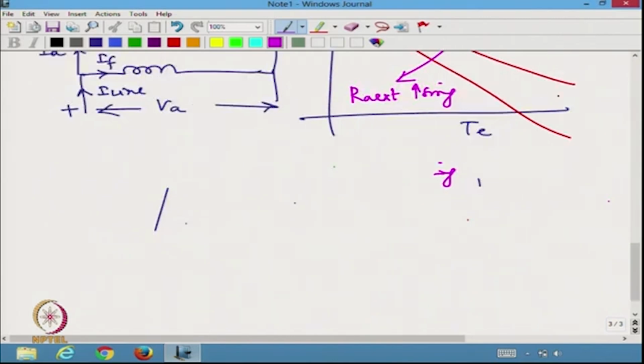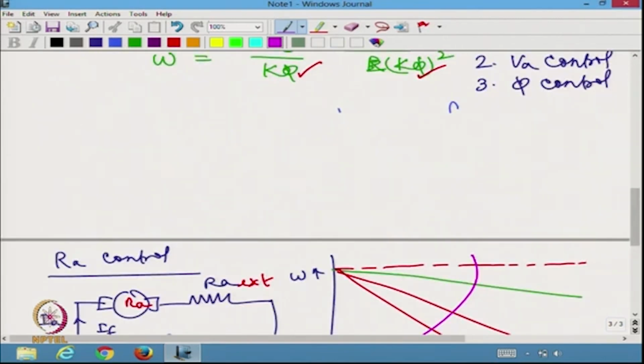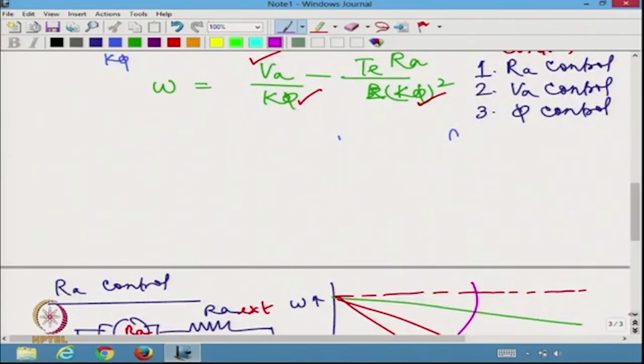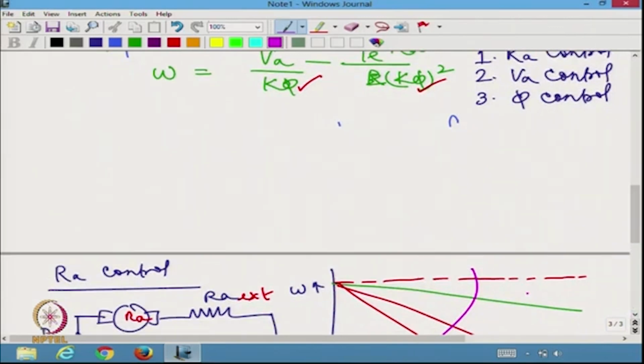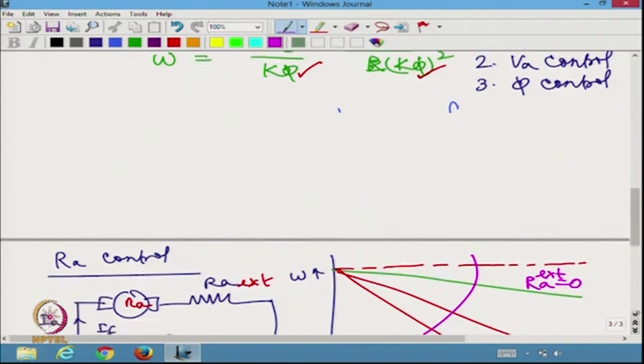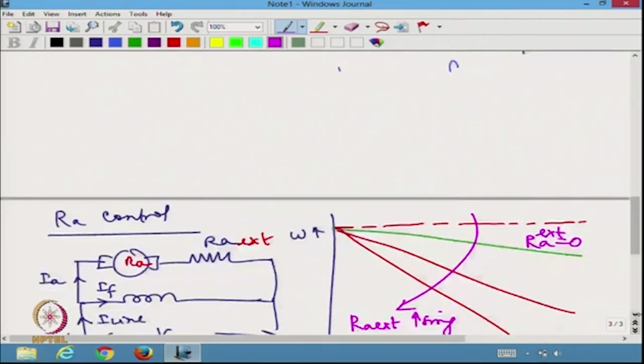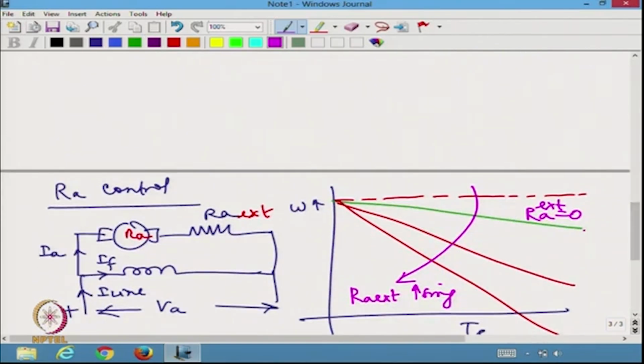This is RA equal to 0, RA external is 0. Once RA external is 0, this is the natural characteristic of the machine.